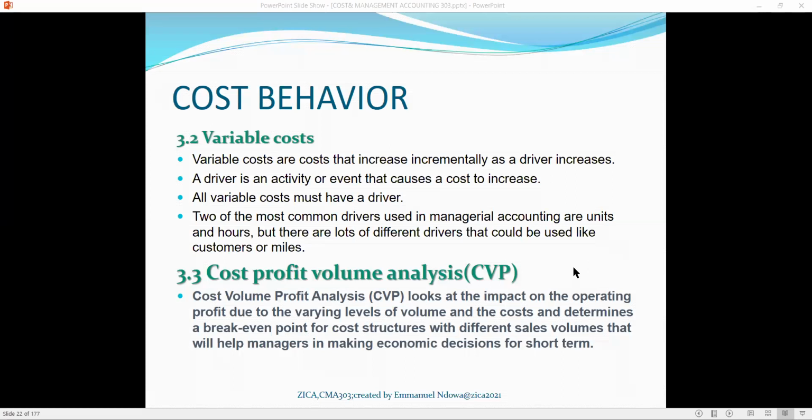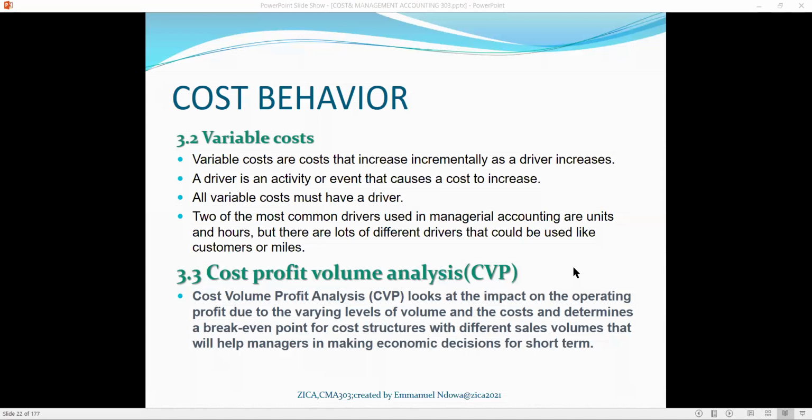But when you get the total cost, you then need to see what your revenue is. Your revenue line starts from the 0 point going upwards. So when you plot your fixed cost line and the variable cost line, you now have your total cost and your total revenue line.